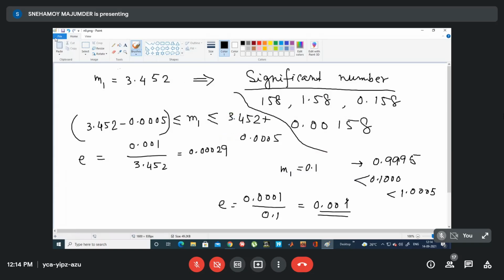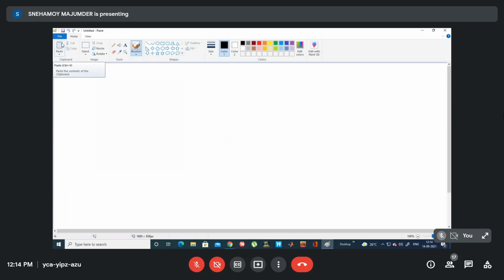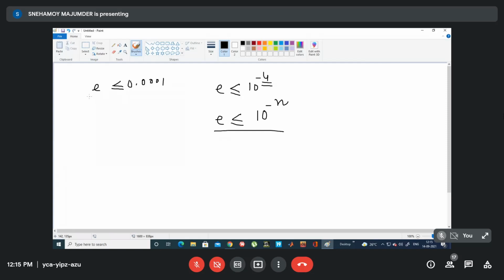Remember, for the floating point error or relative error, say for 4 digits, the error must be 0.0001, or 10 to the power minus 4. If the significant number is n, it will be 10 to the power minus n. So the error has to be in that range.